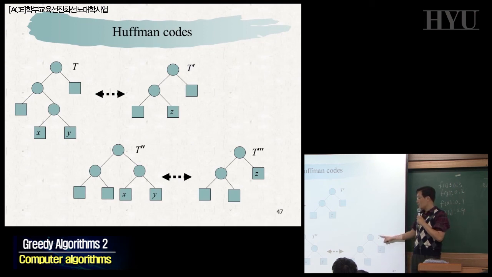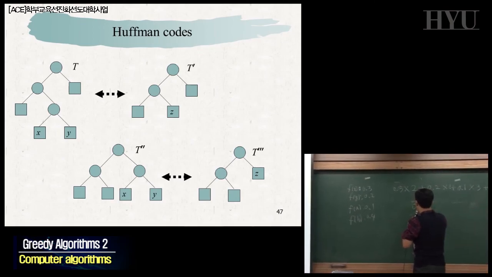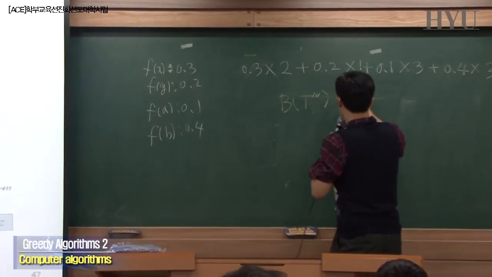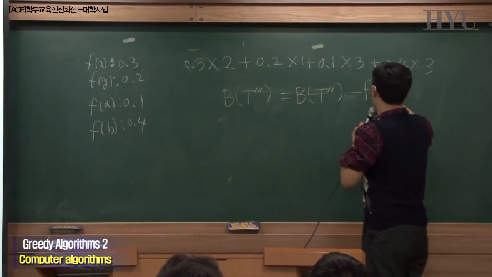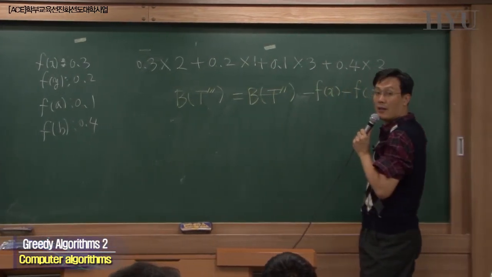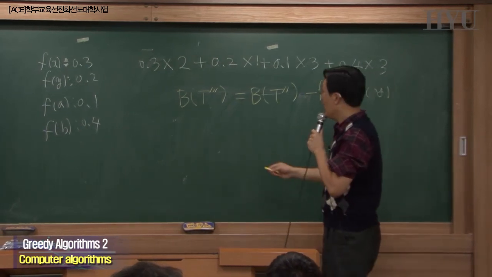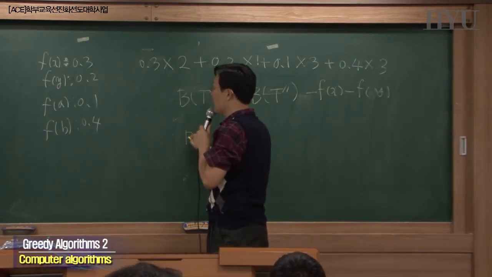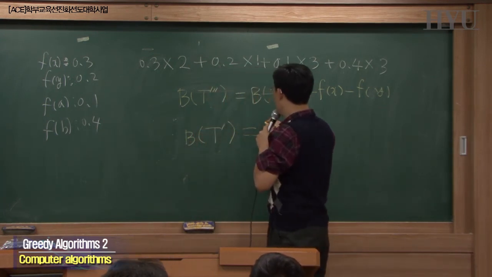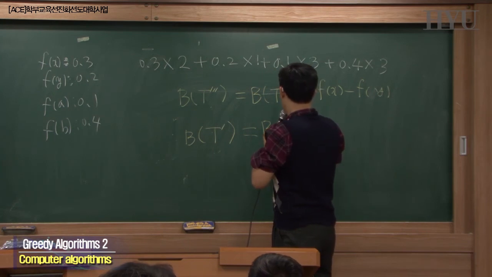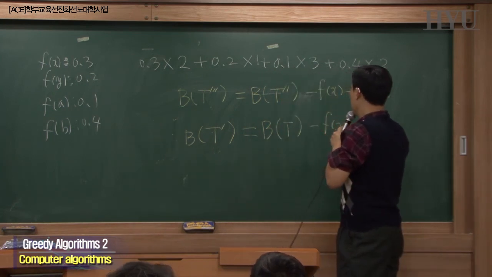Then the cost of T triple prime is, okay, let me write. The cost of T triple prime is the cost of T double prime minus f of x and f of y. And I also said the cost of T prime is the cost of T minus f of x and f of y.